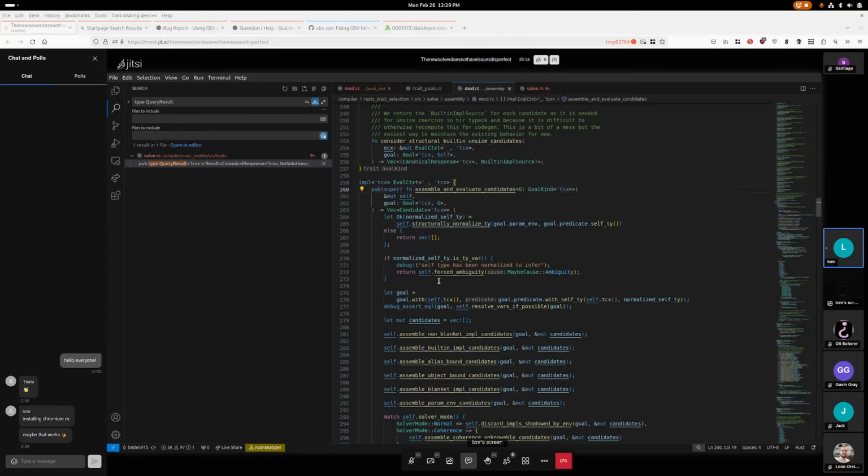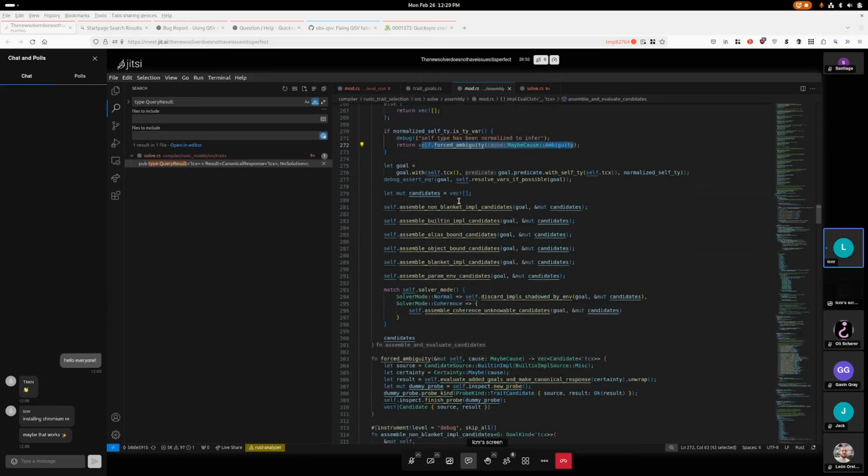So if the self-type is not some known type constructor, so either an inference variable or an associated type which may normalize and we don't know yet, so it also results in an inference variable, we just fail with ambiguity. And if not, we assemble a bunch of candidates.